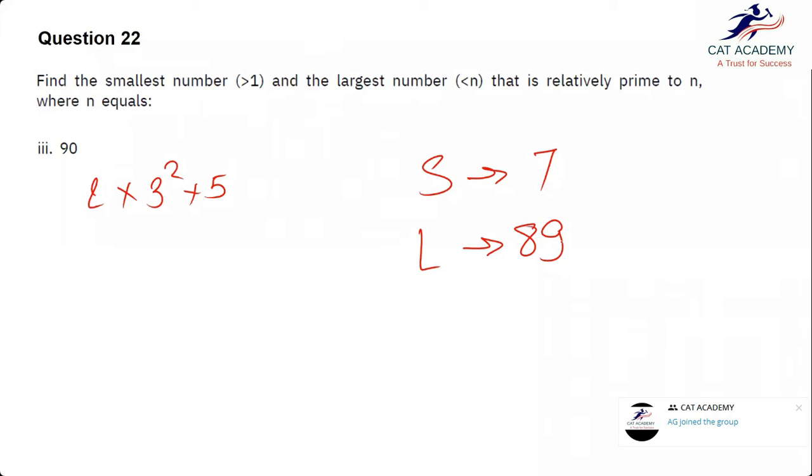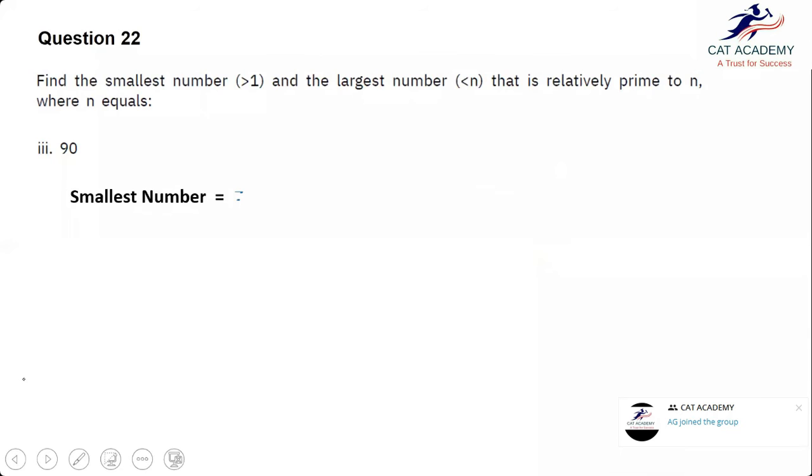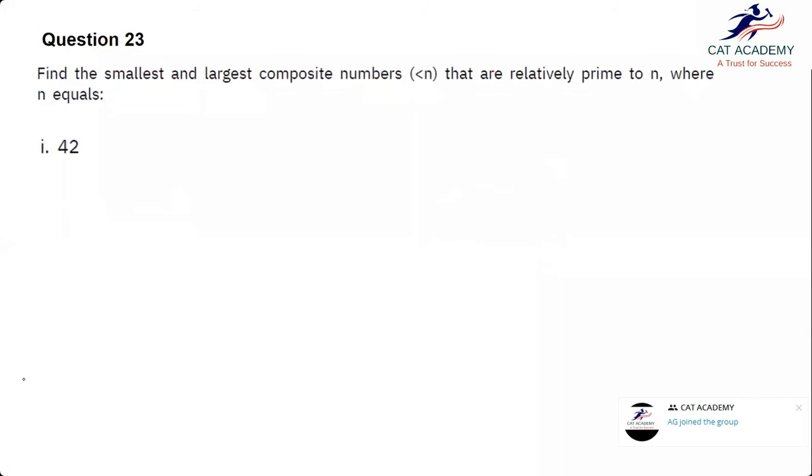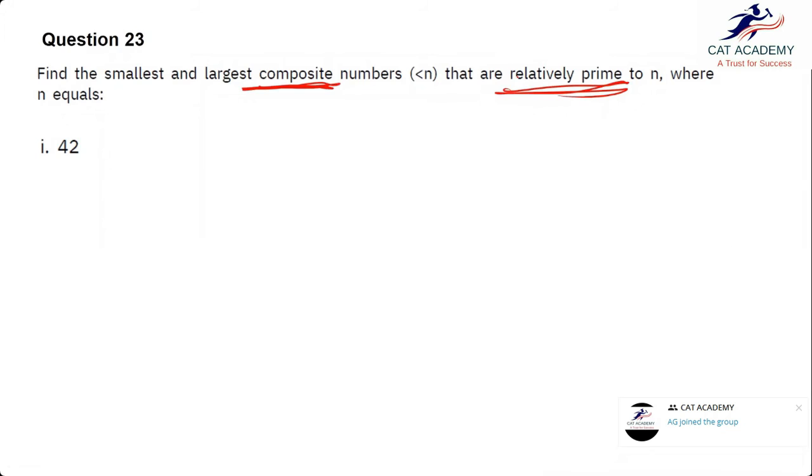All right. Now I'm going one step beyond this. Now what do I want? Smallest and largest composite numbers that are relatively prime. In the earlier question, I was not bothered whether my selected numbers are composite or not.